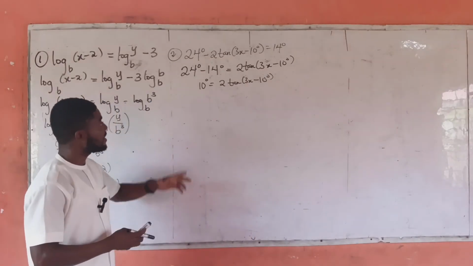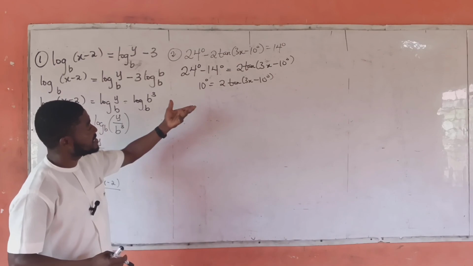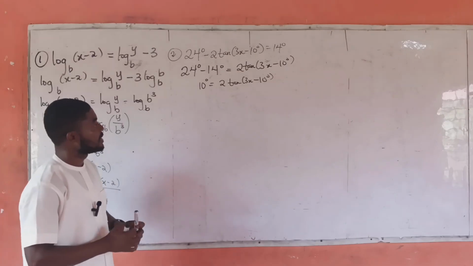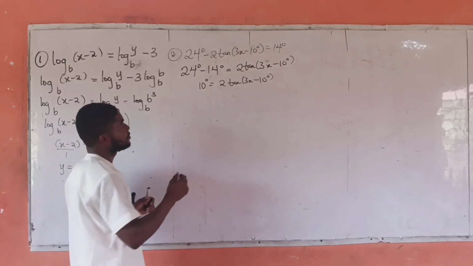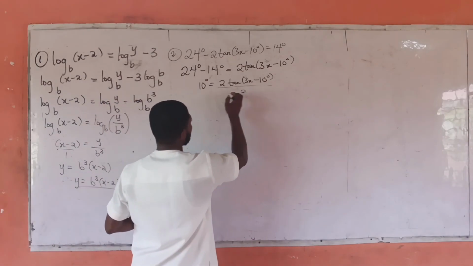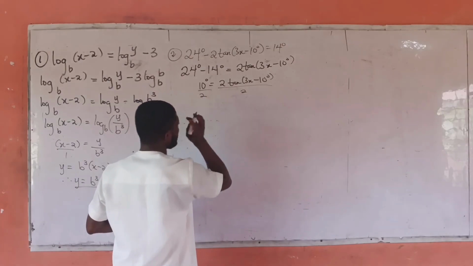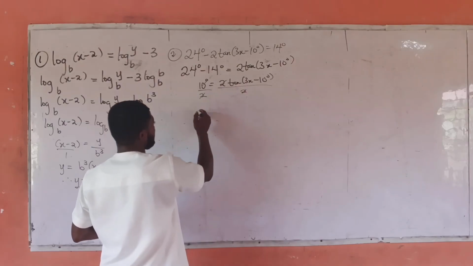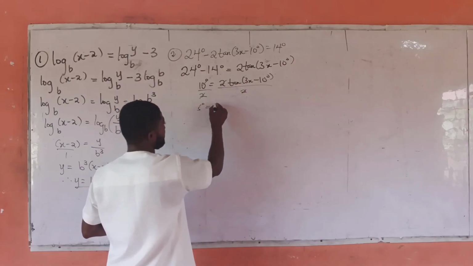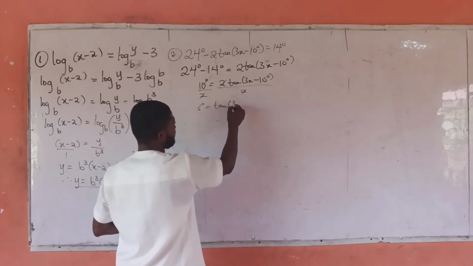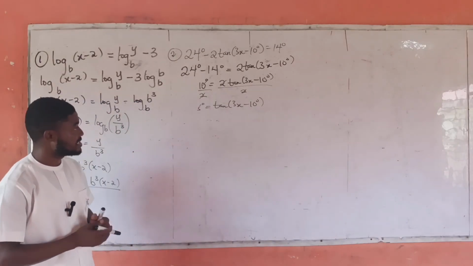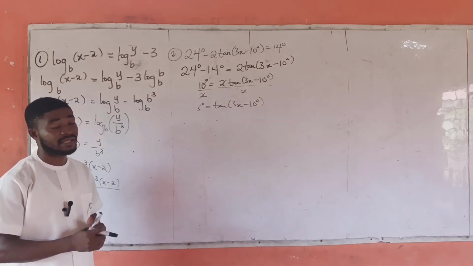So from here we have 10 degrees is equal to 2 tan(3x minus 10 degrees). Now we divide through by 2. And then we have 5 degrees is equal to tan(3x minus 10 degrees).